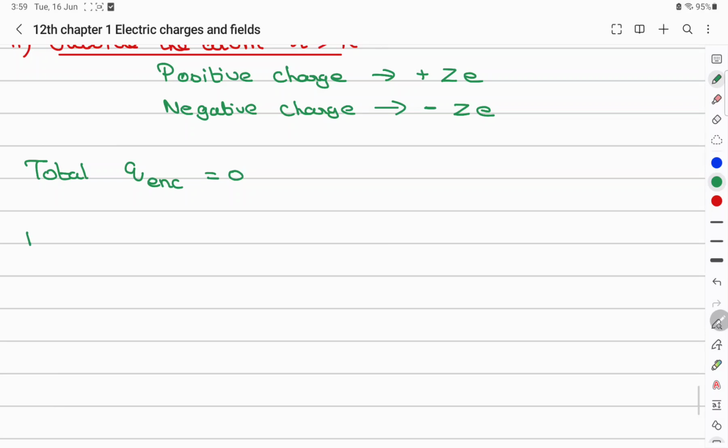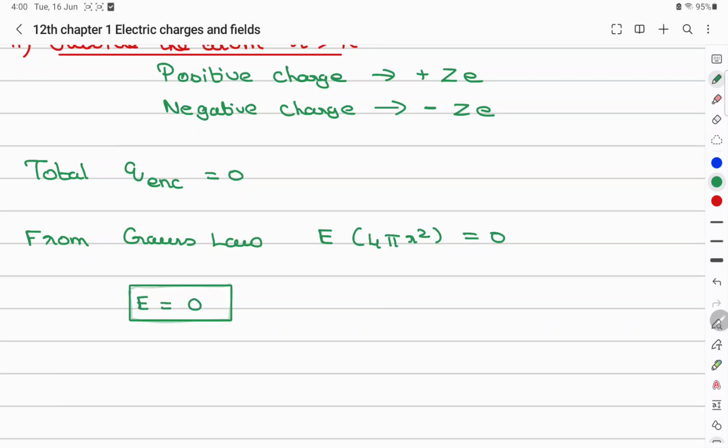So from Gauss law, E into 4 pi r square will be equal to 0. So the electric field outside the atom will be equal to 0.